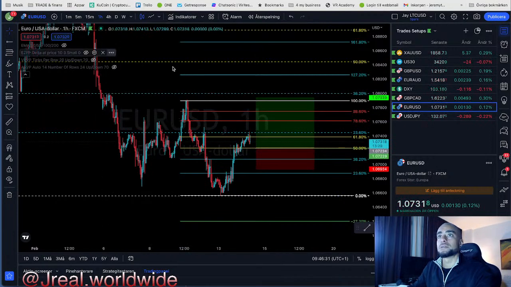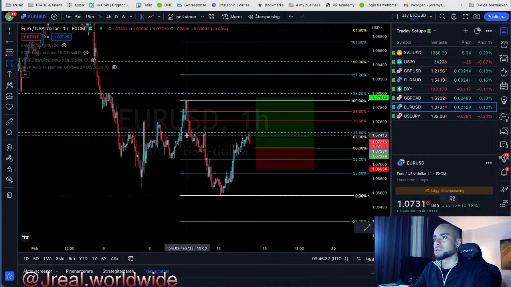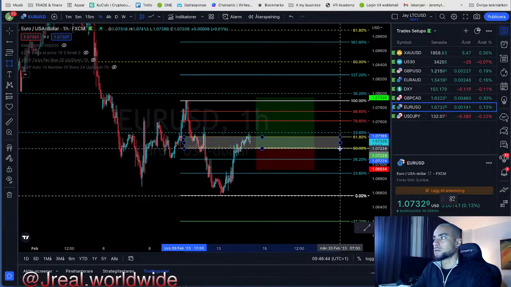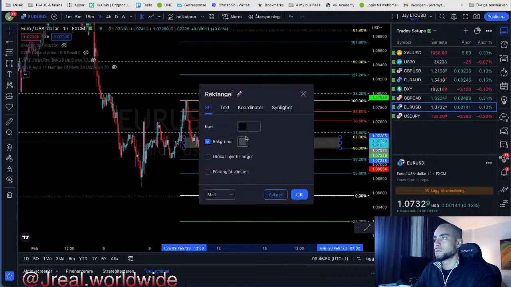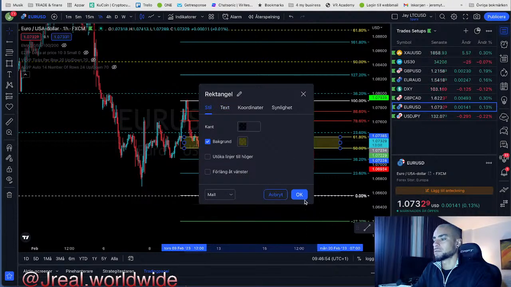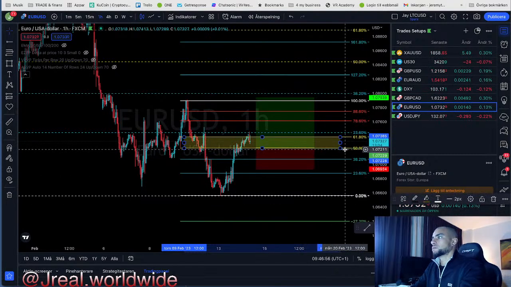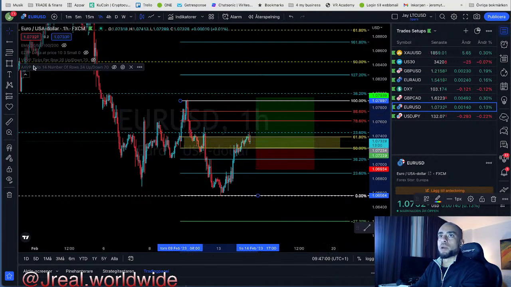I will do this. So we have the sweet spot zone. Let's pull a box there to mark it out. This is the sweet spot. All right, so I have the sweet spot marked out, and we want to mark out another thing.